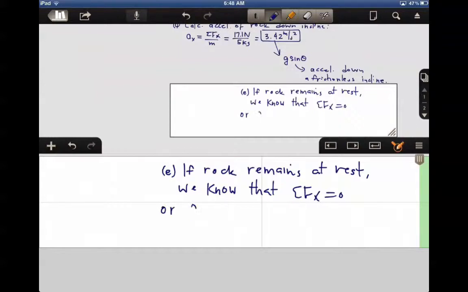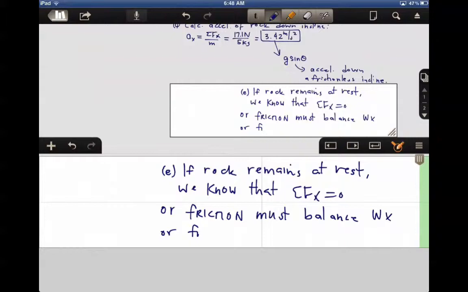Or friction must balance weight in the x direction. Or friction would have to equal 17.1 newtons.